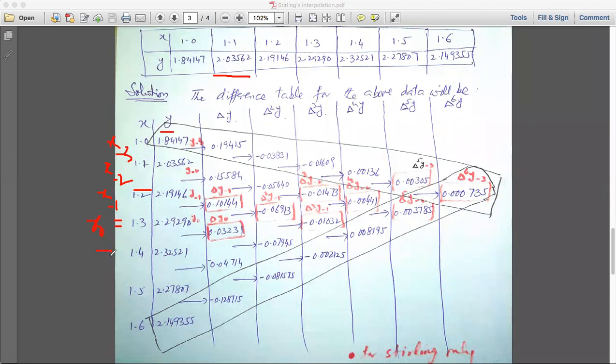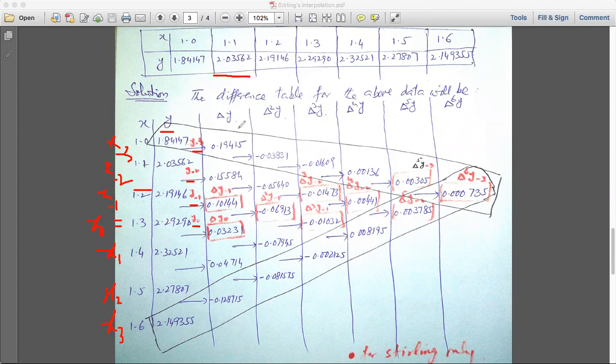Similarly, this is x1, x2, and this is x3. Okay. And we can also give the names of the values of y. As you can see here, this is y naught, y minus 1, y minus 2, y minus 3, and below the y naught this is y1, y2 and y3.